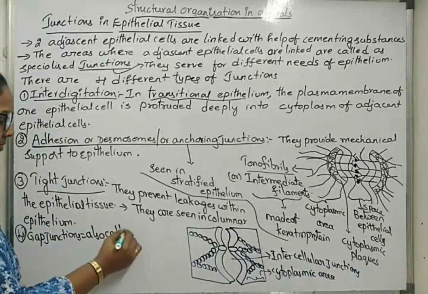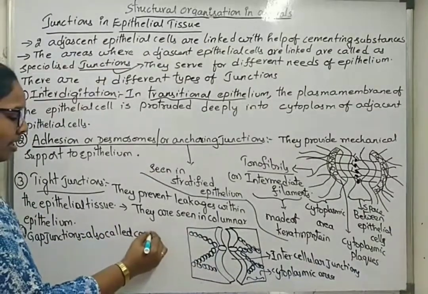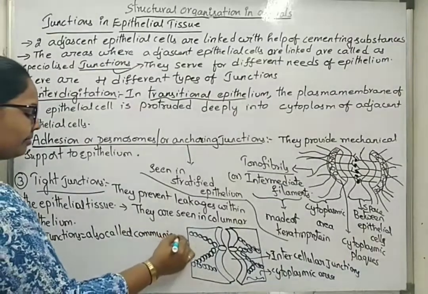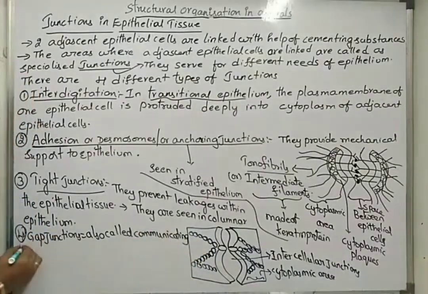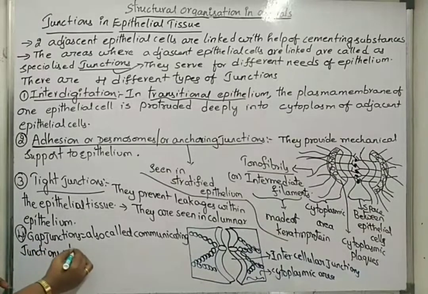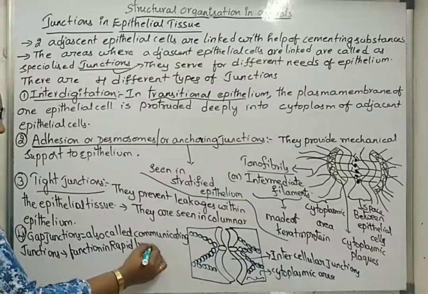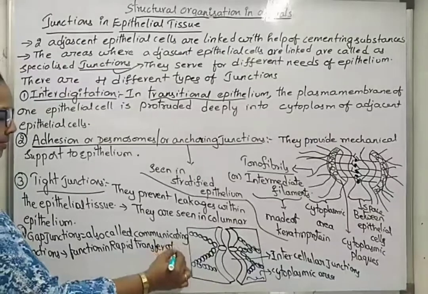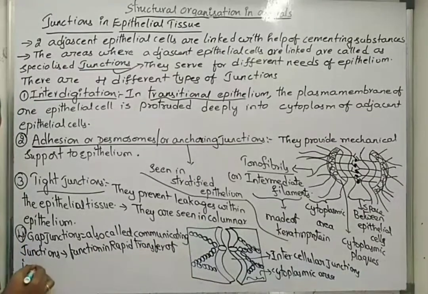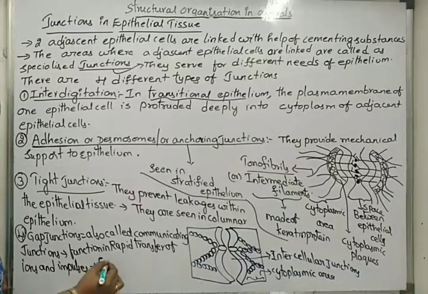They are also called communicating junctions. They function in rapid transfer of ions and impulses. Example, we can take cardiac muscles.